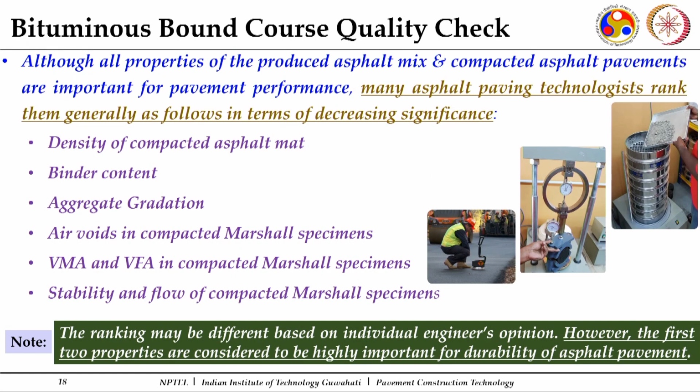Considering these different parameters, there are certain parameters widely preferred by pavement technologists to monitor the process, of which the most commonly preferred are the density and the binder content, followed by aggregate gradation, air void contents in compacted Marshall specimens, voids in mineral aggregates, voids filled with asphalt, and stability and flow of compacted Marshall specimens. These are the important parameters usually considered, and the first two are the most widely referred.